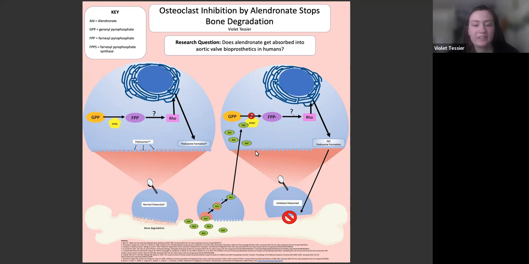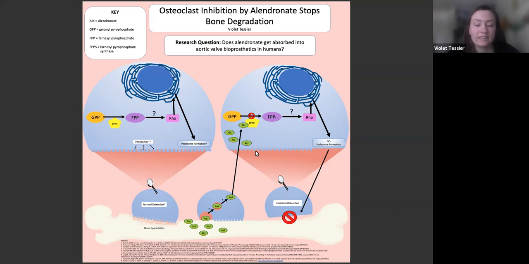This was a very interesting drug because it's very common and a lot of the older population uses drugs like Alendronate. Alendronate is in the class of bisphosphonates, which are all drugs that help inhibit osteoclasts, the cells that break down bones.